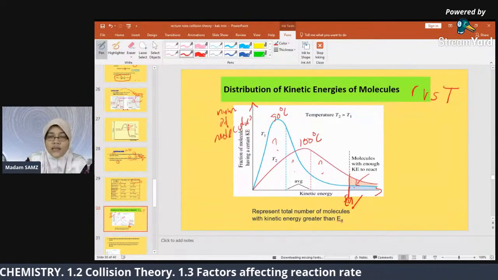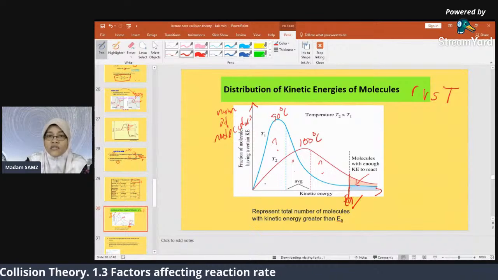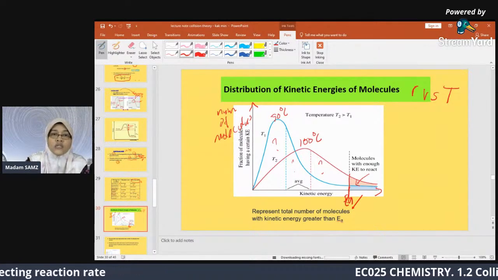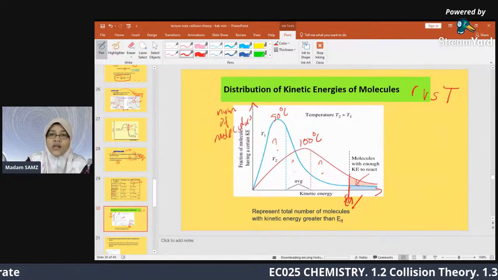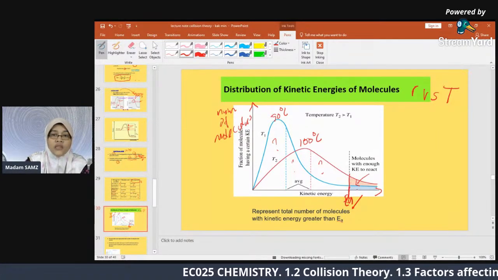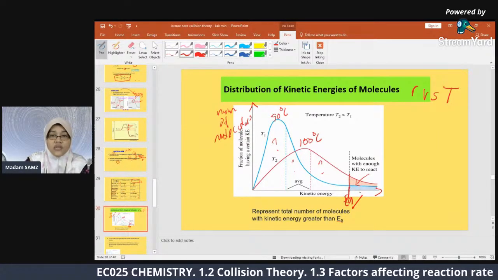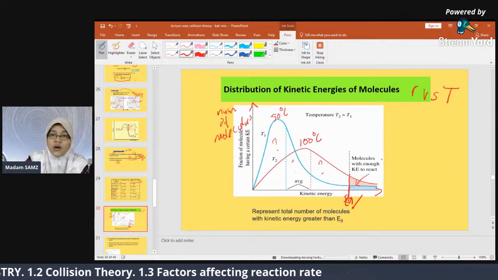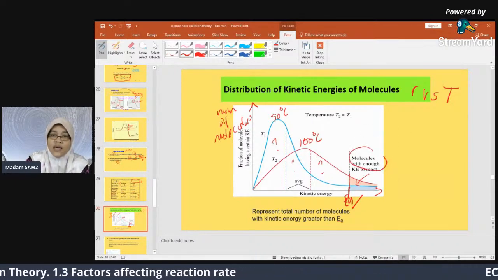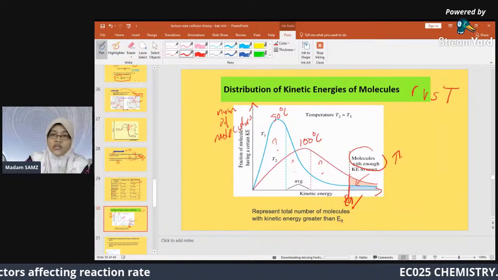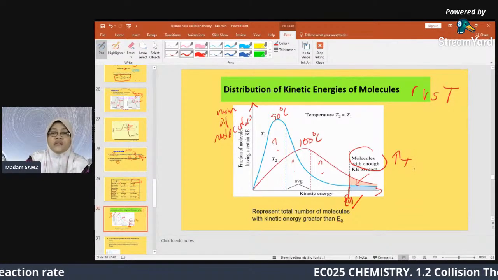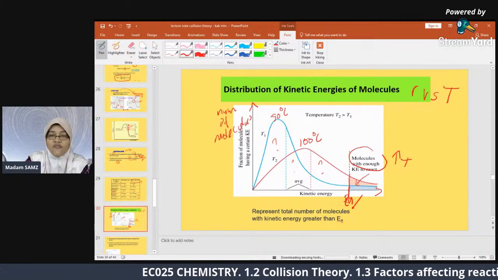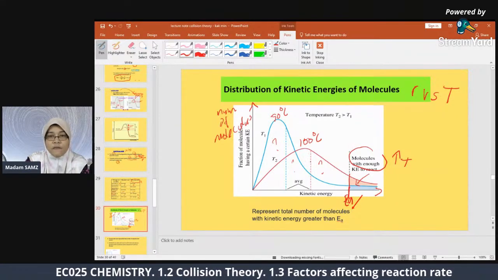So kalau kamu perhatikan, when you see here, luas bawah graf yang suhu tinggi ataupun suhu rendah yang lebih besar, kalau kita nak tengok luas bawah graf after EA. So what we can see here, the number of molecule that have higher temperature is more. Okay, meaning that more product you can form if you increase the temperature.